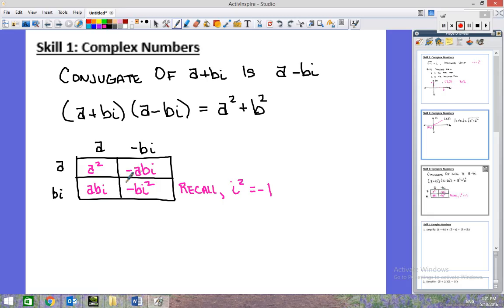Along this diagonal, these terms cancel each other out. Bi times a negative bi is a negative b i squared, but remember that i squared is -1. So you have a negative times a negative, and along this diagonal, it's a squared plus b squared. So you're going to save yourself a lot of time if you recognize when you're multiplying conjugates together that it's just a squared plus b squared, rather than doing your table.